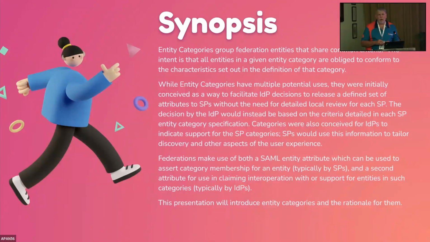If everyone was supporting R&S, then everybody's IDPs would potentially be listed there. But it's something to think about if you're setting up a service that requires a specific set of attributes based on an entity category.